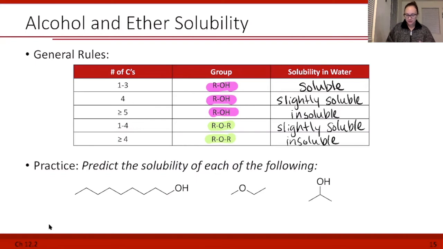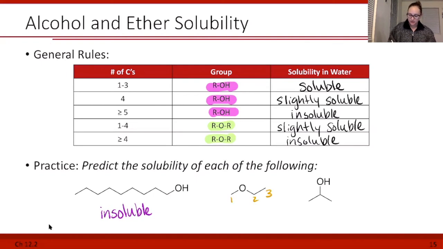Looking at this chart, let's look at these molecules and see if we can predict if they're soluble or insoluble. The first one, we have a really long chain of carbons, and then an alcohol at the end. I'm not even going to count how many there are because I know there are more than 5, and that means this molecule is insoluble. In the second molecule, we have an ether that has 1, 2, 3 carbons attached.